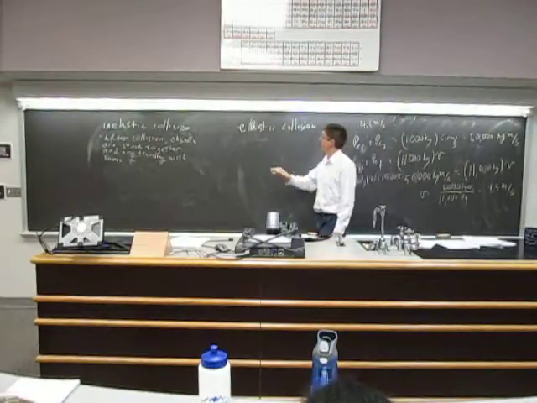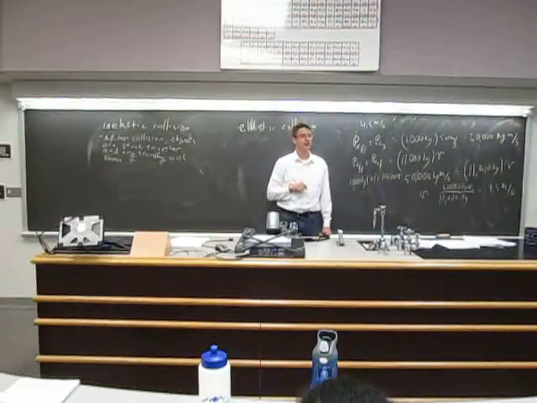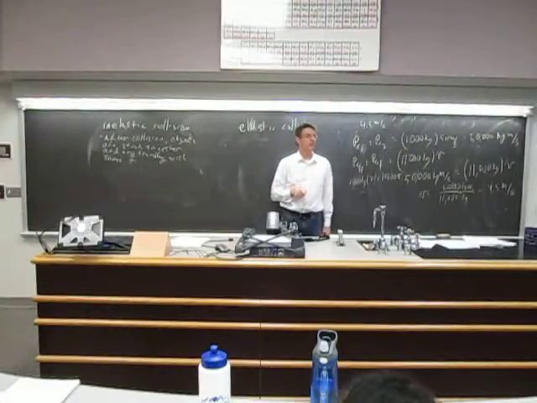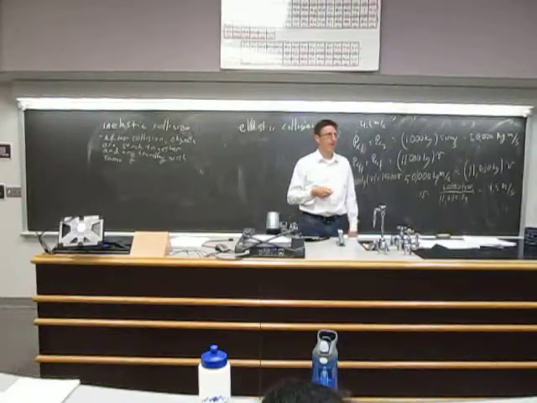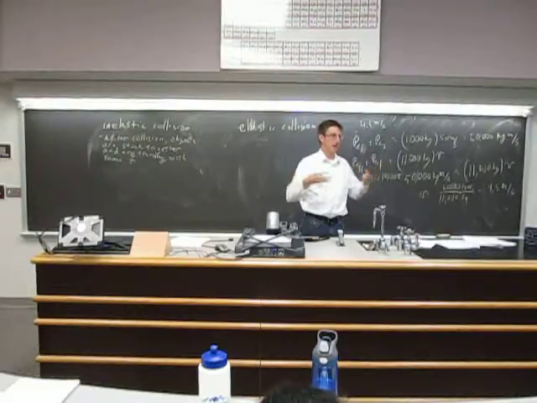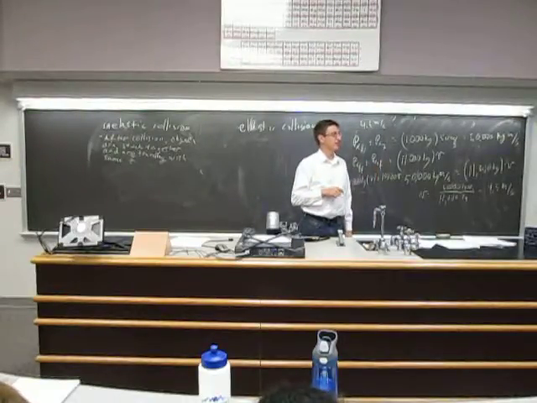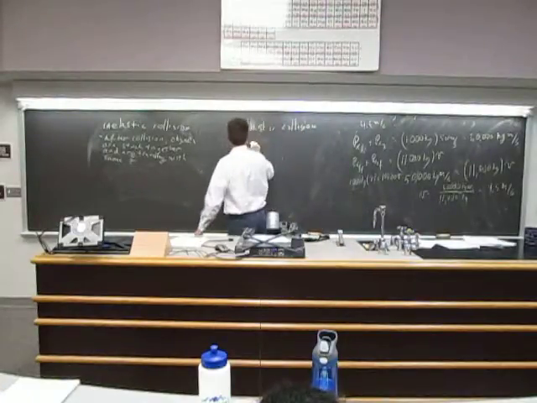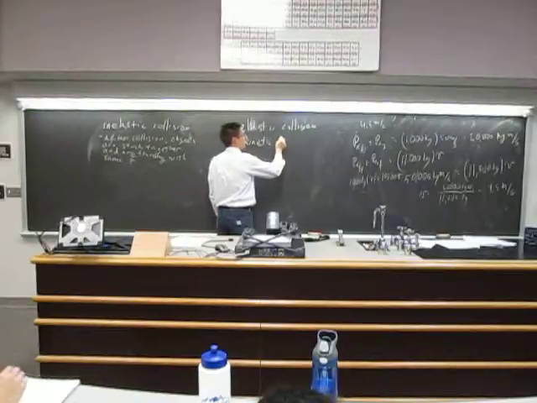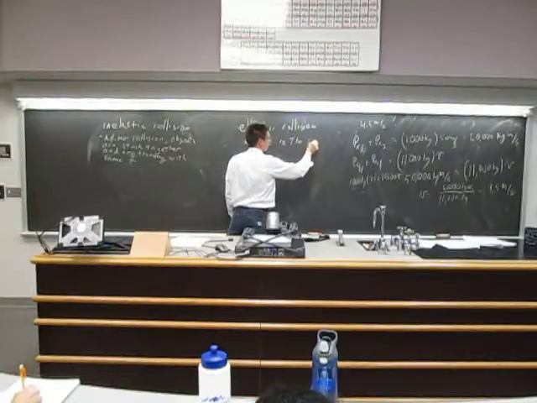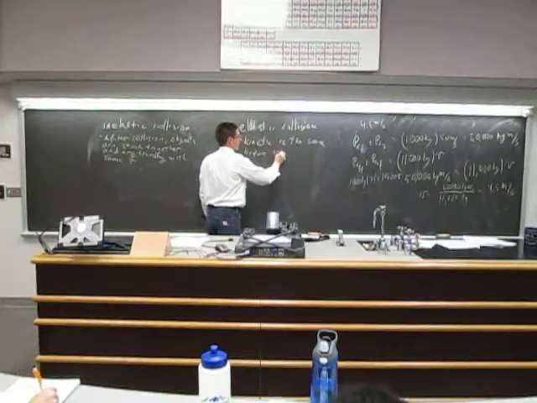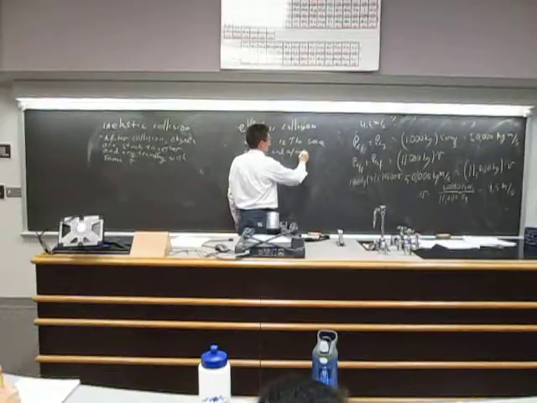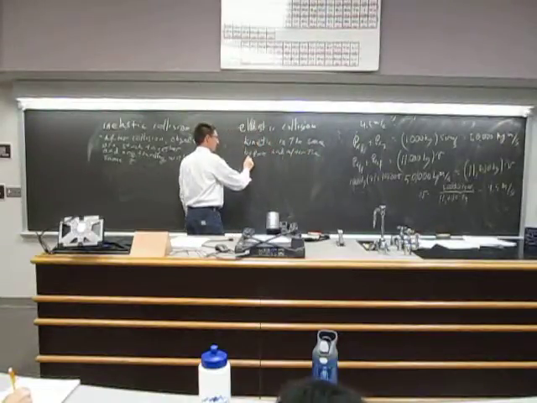So, an elastic collision is the other special type of collision that we'll deal with. In this one, not only is momentum conserved, but the actual kinetic energy of the objects is the same before and after the collision.